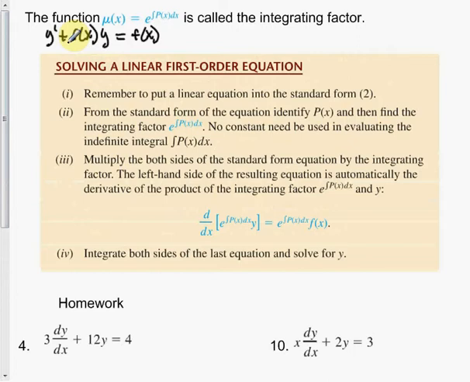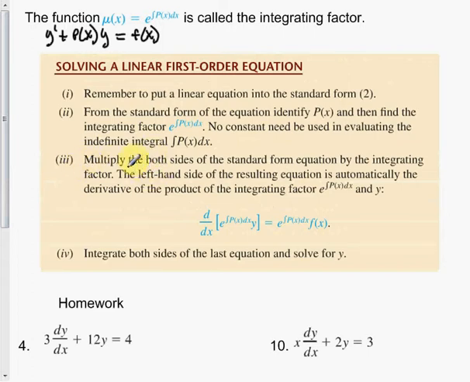The easy way is to find the integrating factor, and the neat thing is that the left side is automatically the derivative of the product of the integrating factor and the so-called dependent variable, which mostly would be y, like y equal to some function of x. This is what this third statement says.